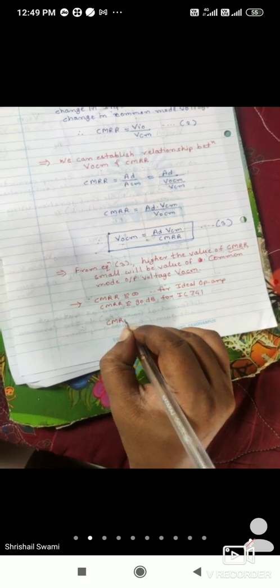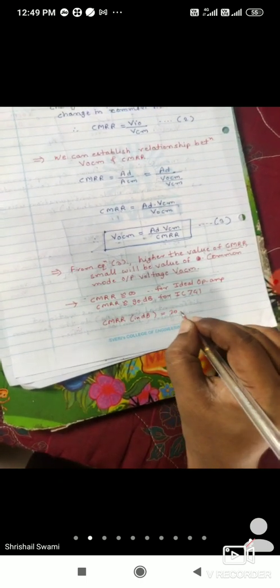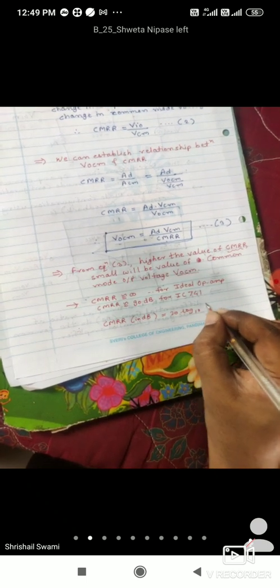So it should be expressed in dB here: CMRR in dB is 20 log base 10 of AD divided by ACM. This definition and expression we have already discussed in the first chapter.